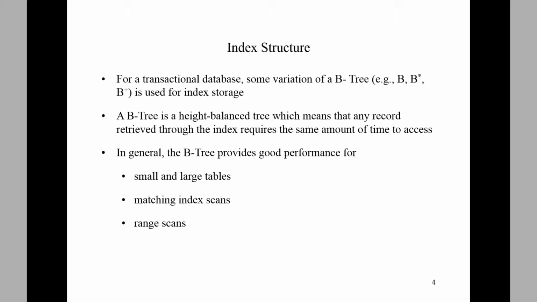In general, a form of a B tree provides good performance for small and large tables, for different ways of access. An access method that involves what's called a matching index scan, or alternatively, an access method that involves a range scan. Indexes are used in database systems and also for file systems.